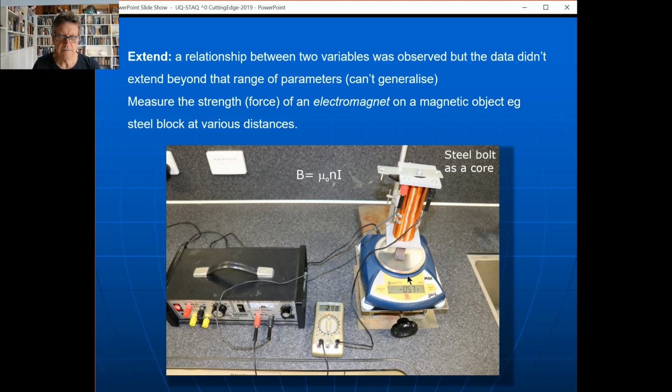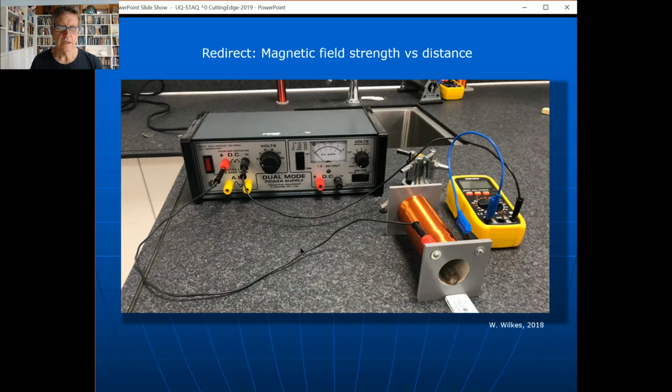I've got a scale reading here, which will be a force. That's negative 0.57 grams, it looks like. Yeah, 0.57 grams. And just change the distance, but keep the magnetic field strength the same. Alternatively, change the current and keep the distance the same.